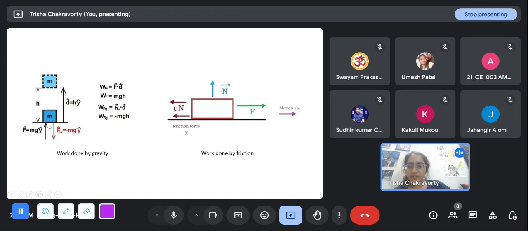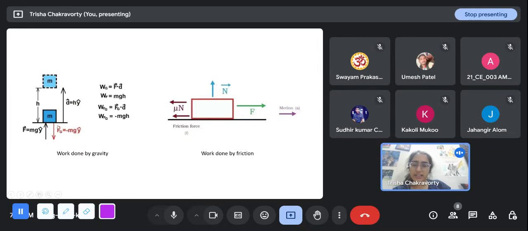This is work done by gravity. Suppose this is a height h from which you drop a mass m onto the floor. So the work done is mgh. We know that because the gravitational force acting on the body is always its weight mg, and even if you do it in integral form, you will see that whatever path you take, it is ultimately the vertical distance downwards that matters.